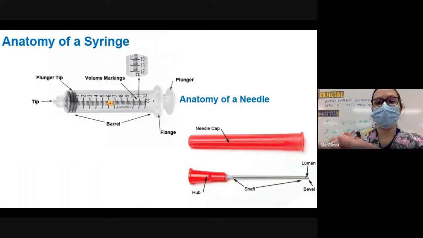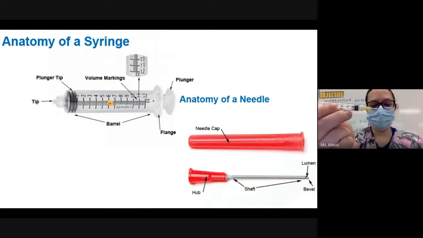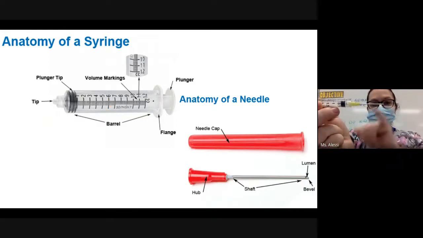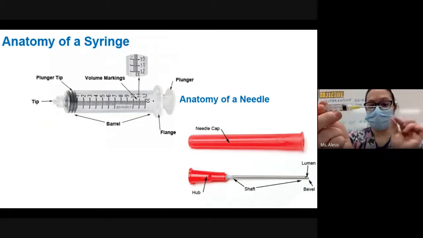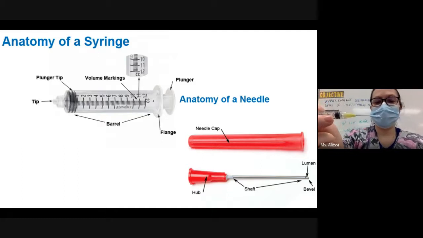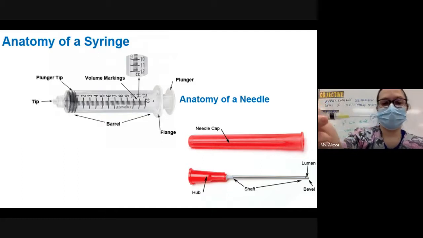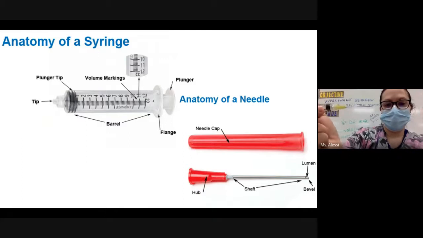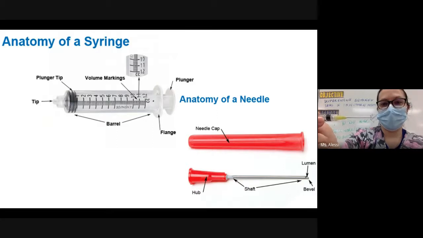So there's our hub. This is a fairly small number, right? But it's got a large hole in there. And if you can see how it goes on an angle, that's the bevel side up. So we always want the bevel side up when we're administering an injection, or when we're drawing blood.